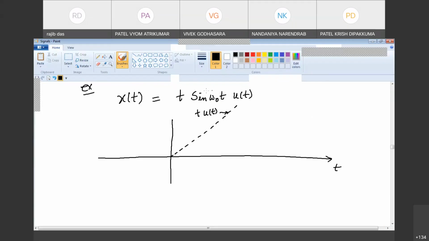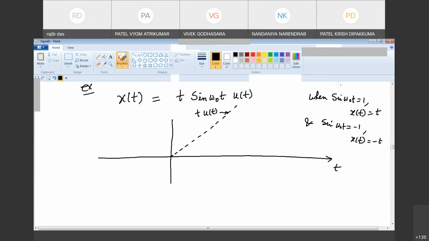So when its maximum value is 1, that time this x(t) value is nothing but t. And when sine omega naught t equals -1, that is the minimum value it can attain, and that time x(t) is nothing but minus t.